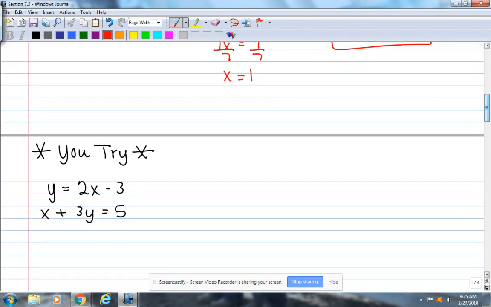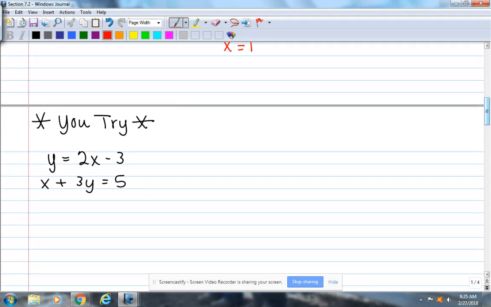Here's a you try. See if we can do that. I know my bulb is dim today. It says y equals 2x minus 3 and x plus 3y equals 5.